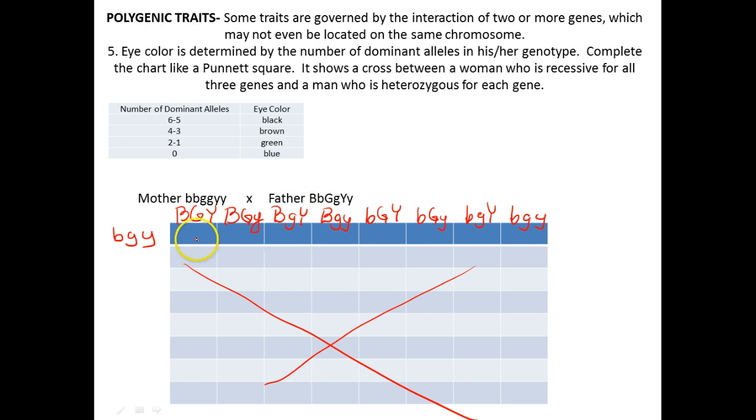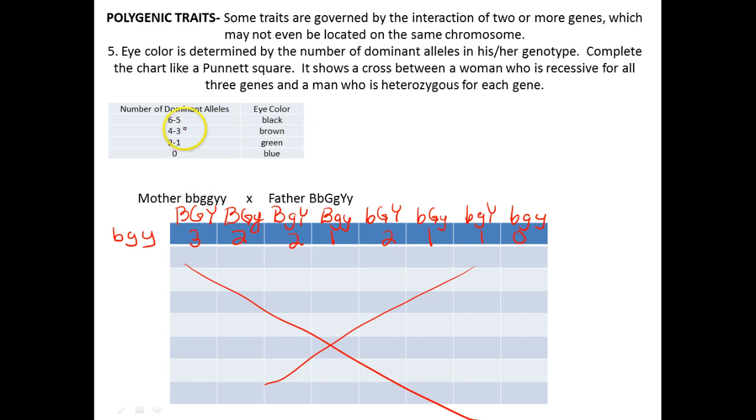Now, I'm not going to have you put these together, but what we're going to do is count how many dominant genes your offspring can have. So the number of dominant genes will determine the eye color. For example, the mother is always going to give you recessive, but a father will give you 3 dominant genes in this case, 2 in this case, 2, 1, 2, 1, 1, 0.